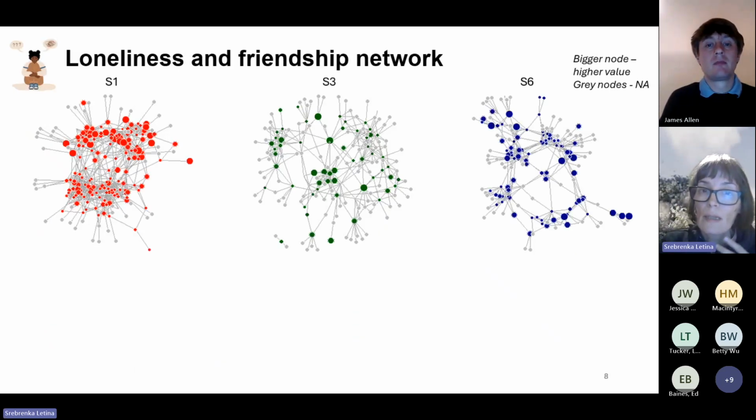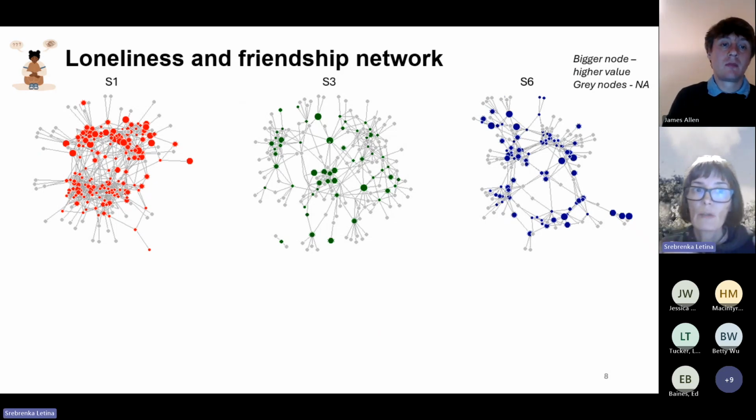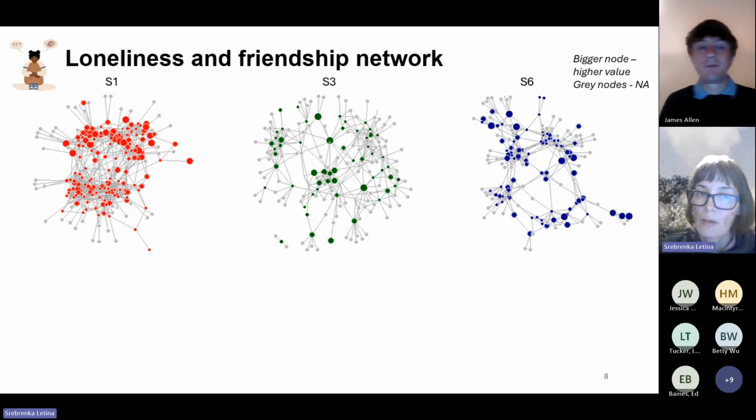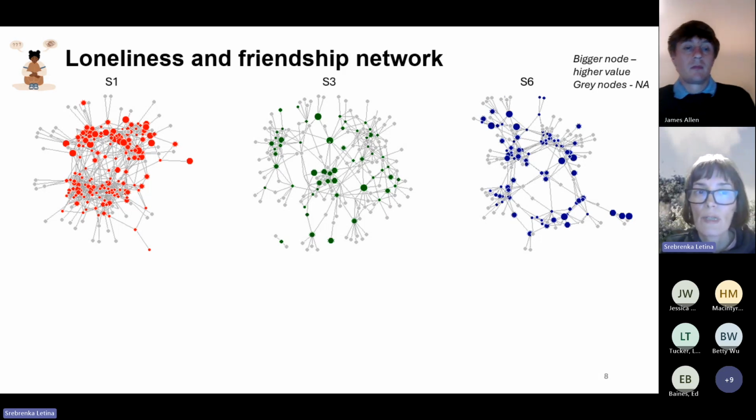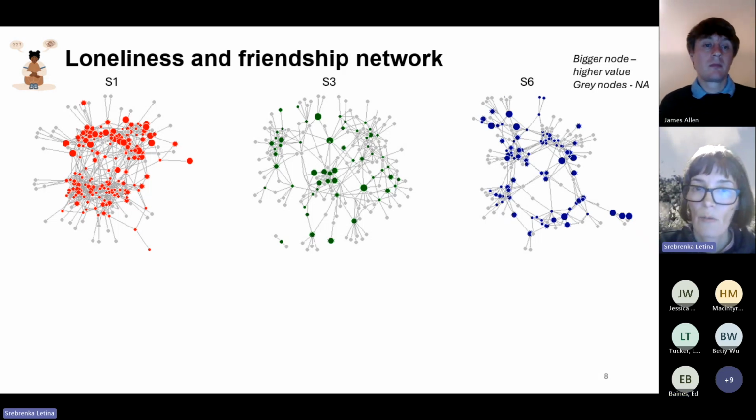So if we look now at measures that are not situated, and we look at the non-situated network, so very typical type of network research, you can usually see plots like this, where the size of the node corresponds to the higher value of loneliness. And if the node is gray, we didn't have data for the loneliness of that person, that person didn't participate in the study, but was nominated as a friend by somebody else.